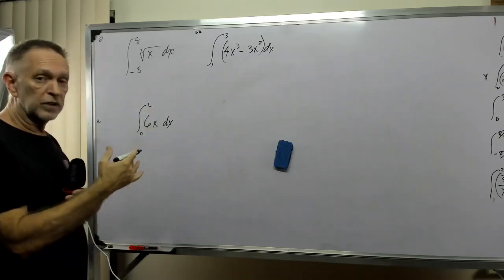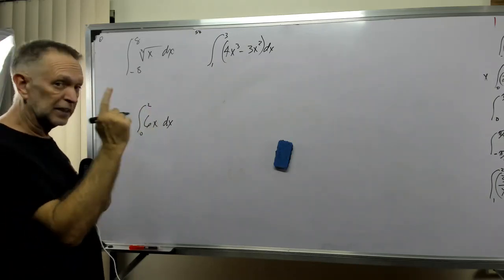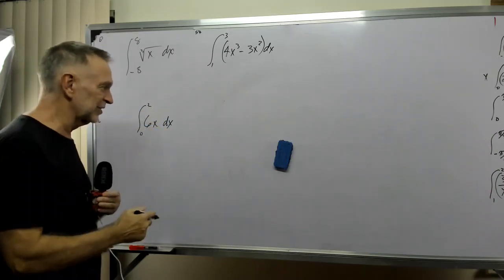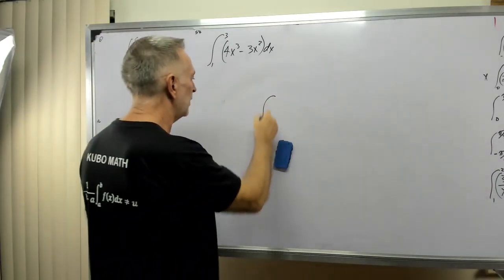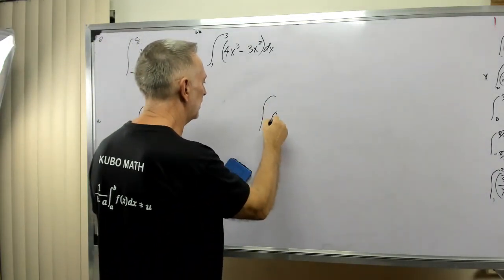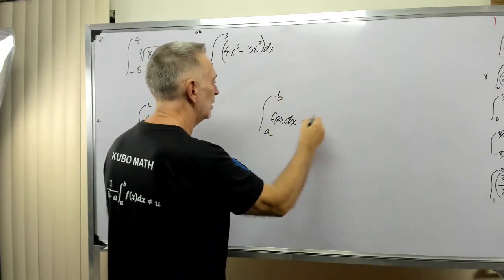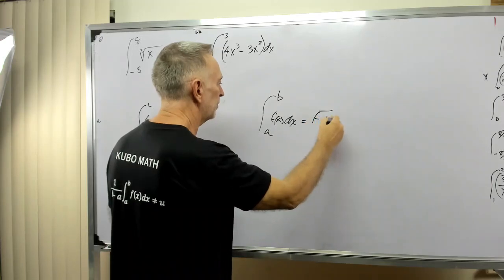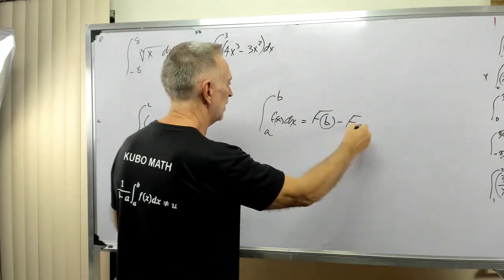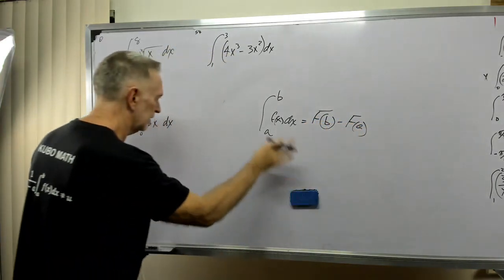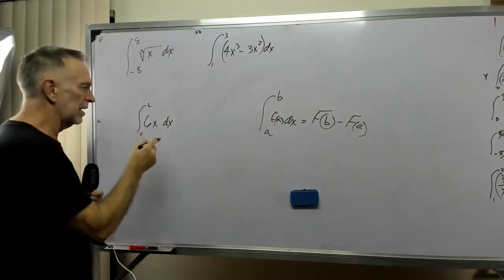We'll work this the same as we've done in the past, except we're going to plug in the limits. When we had the integral of f of x dx from a to b, we had big F of b minus big F of a. Let's keep that in mind for what we're about to do.